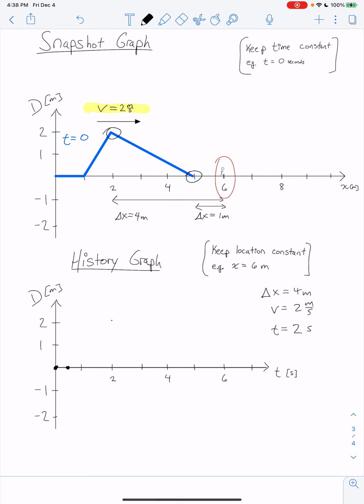So at 2 seconds, we reach the peak displacement. And finally, when does the end of the wave arrive? In this case, delta x is 5 meters away, traveling at 2 meters per second, and that's 2.5 seconds.